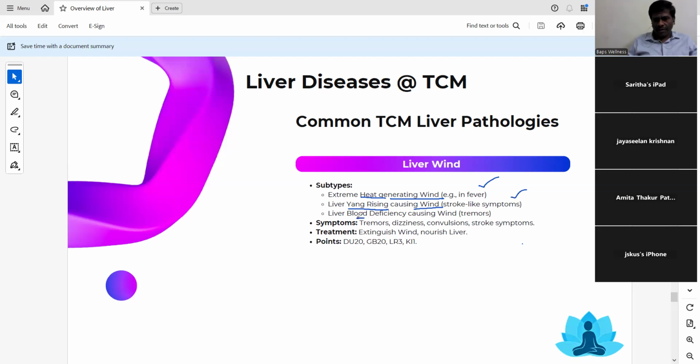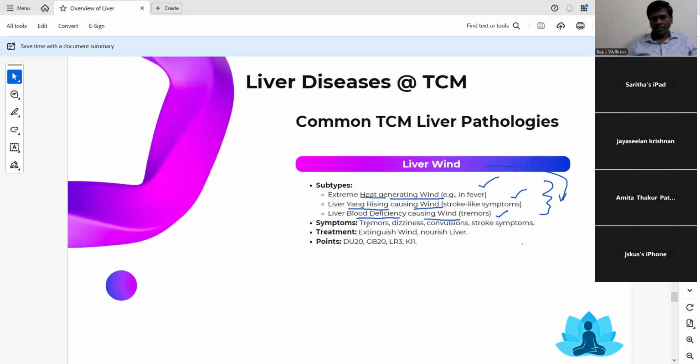Then liver blood deficiency that causes wind, which causes tremors in the body. All these three conditions are part of liver wind, but which causes what is the question.